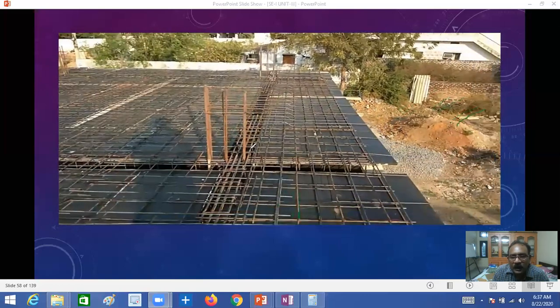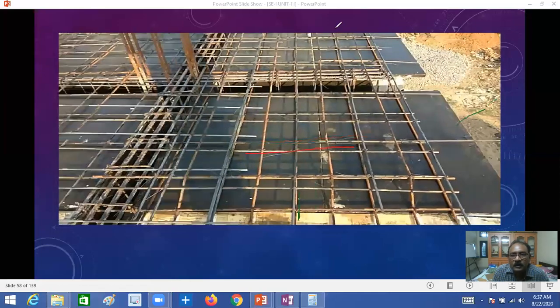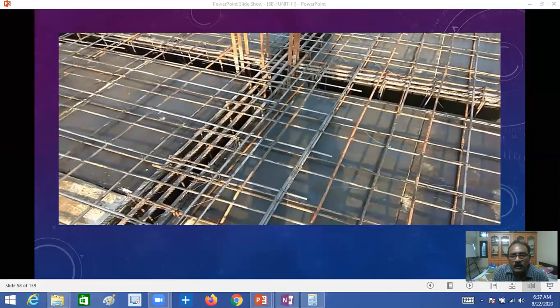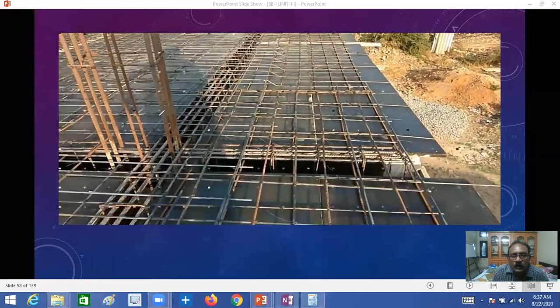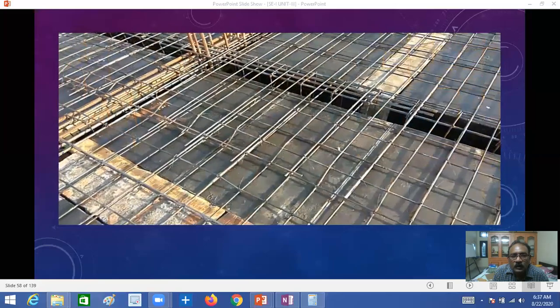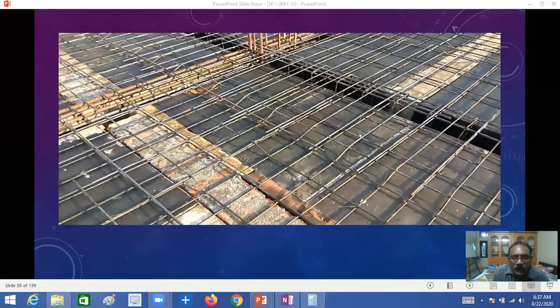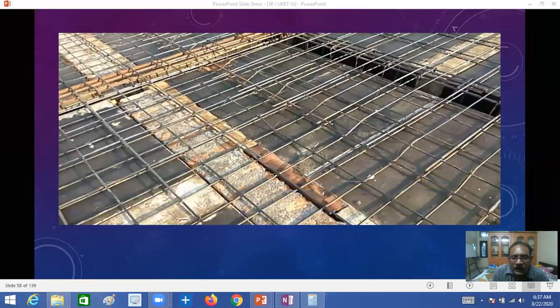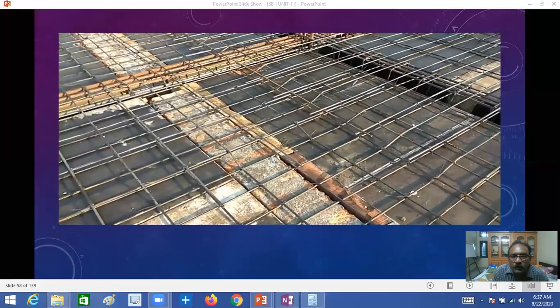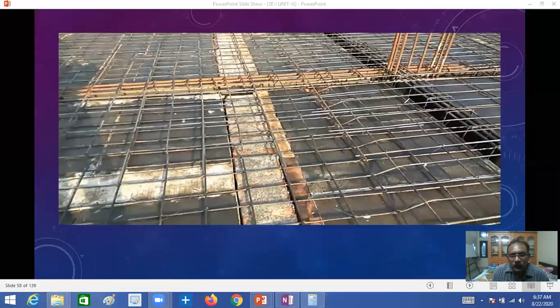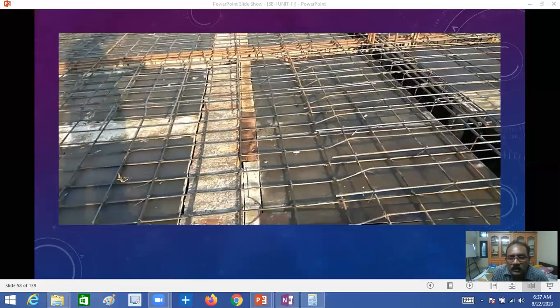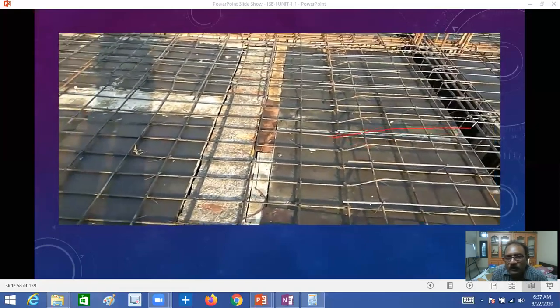This is a cantilever slab. In a cantilever slab, we provide reinforcement at the top. Here, two-way slab. Here, for alternate bent bars, we will provide extra reinforcement because this is a tension zone. That's why we provided extra reinforcement here.